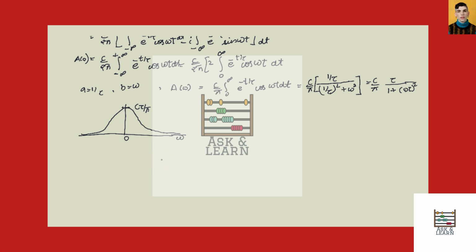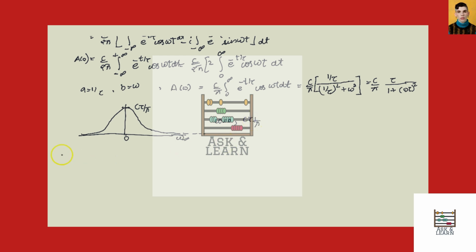There is a continuous spectrum for omega, where every value of omega contributes to the transform, but the contribution diminishes from 0 to higher values of omega. Also, the most prevalent value of omega in this spectrum is omega being 0, at which point the value of the transform is C tau by pi.